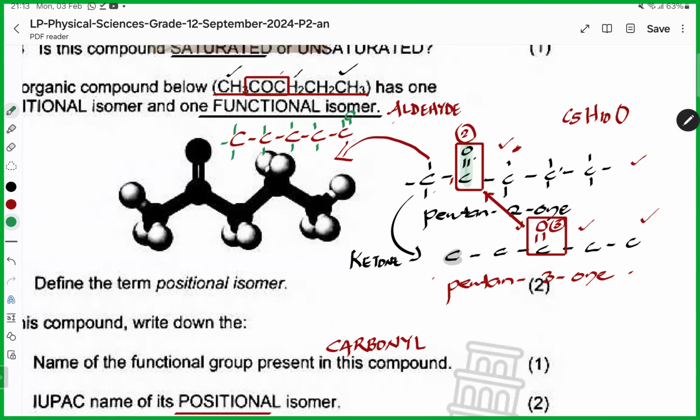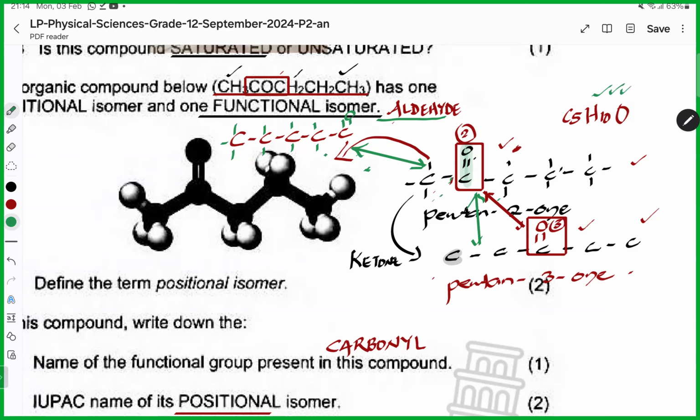But this C5H10O is an aldehyde, and this one's a ketone. So these two are functional isomers. And these two are positional isomers. In a functional isomer, you got two different compounds from two different homologous series.